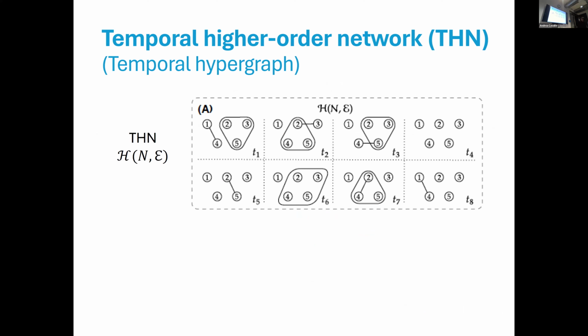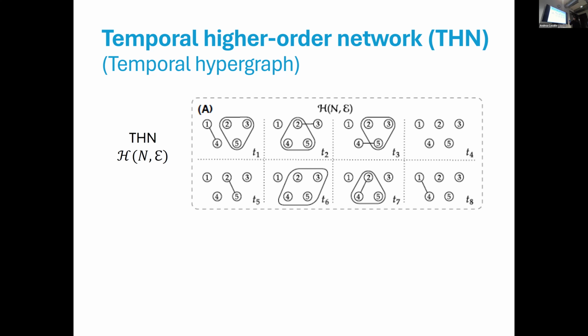First of all, I would like to briefly introduce what a temporal high-order network is, in case some of you are not familiar with this. We represent a temporal high-order network with a temporal hypergraph. This is a simple example, which has 8 timestamps in total, and each timestamp corresponds to a snapshot of the network.